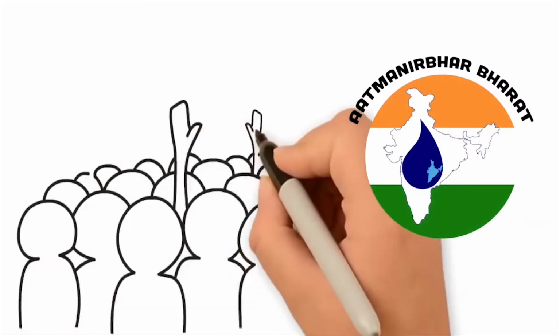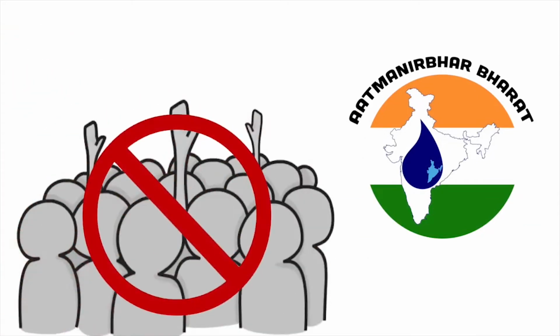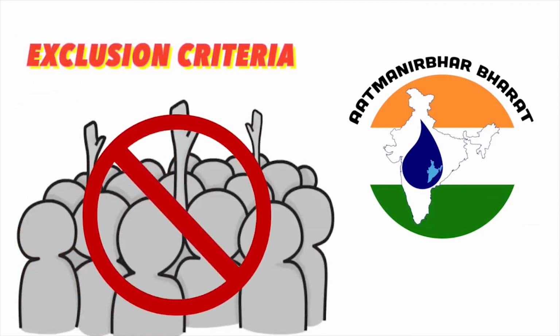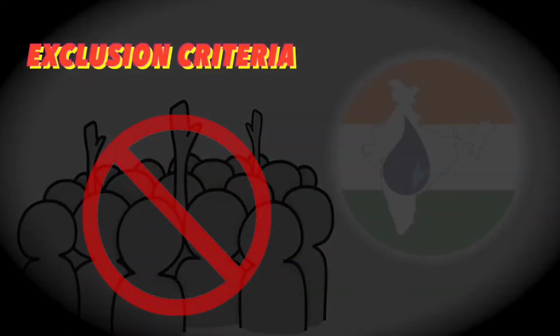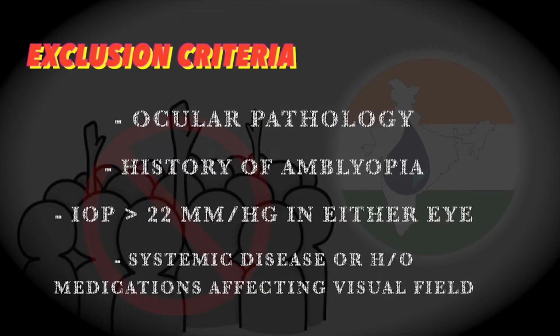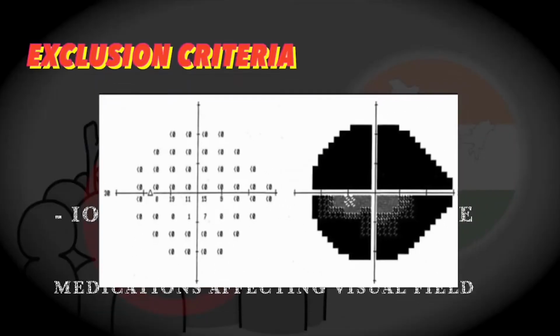The exclusion criteria consisted of any patient with ocular pathology, history of amblyopia, raised intraocular pressure, or any systemic comorbidities. Also, patients showing abnormal visual fields were excluded from the study.